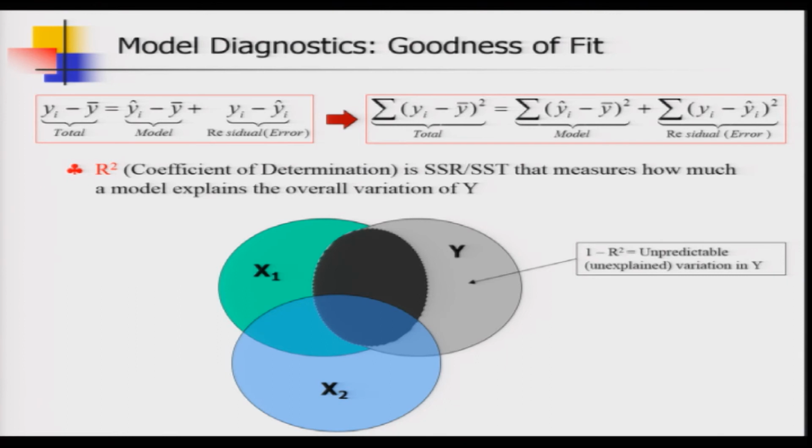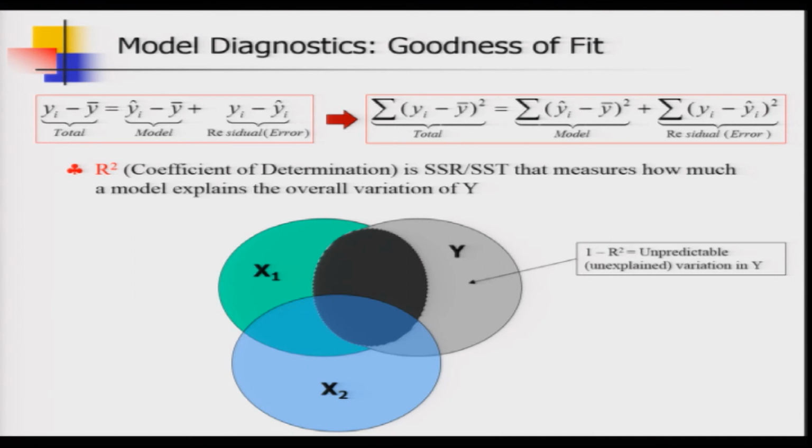So, to have an idea about the goodness of fit issue, you concentrate on the first red box given on the northwest corner of this slide. Here you see that I have expressed the total variation in the explanatory variable as split in two components.